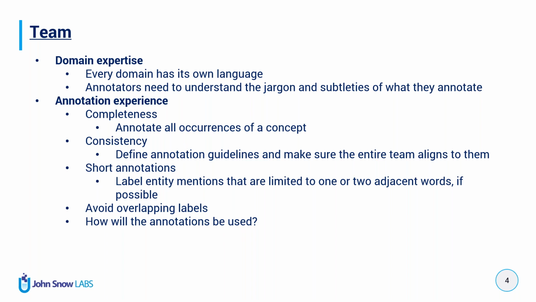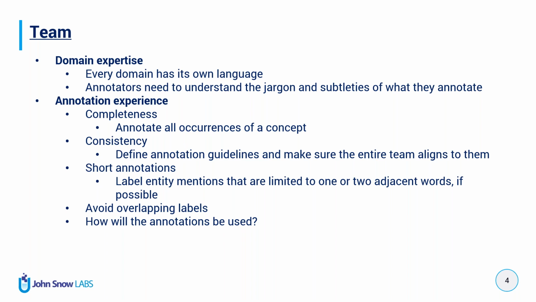Also, you have to be consistent when you annotate. The consistency has to be enforced across documents and across annotators. The only way that we manage to ensure the consistency is through the definition of annotation guidelines and through a close collaboration between the team members and the assurance that everyone aligns to the rules that we establish for the annotation.